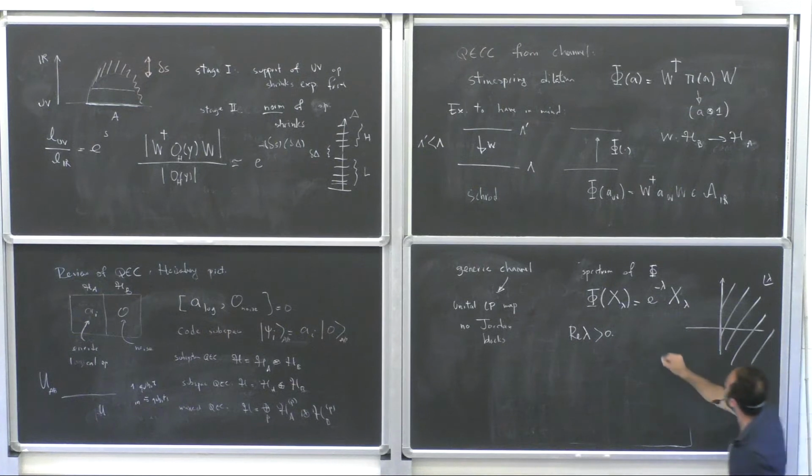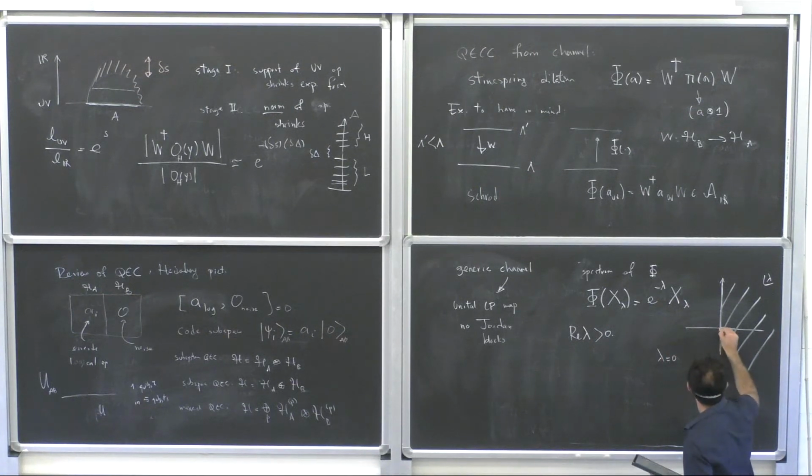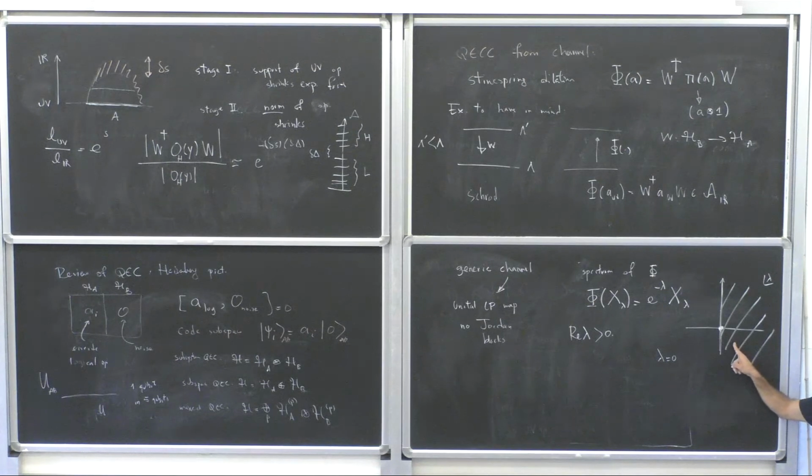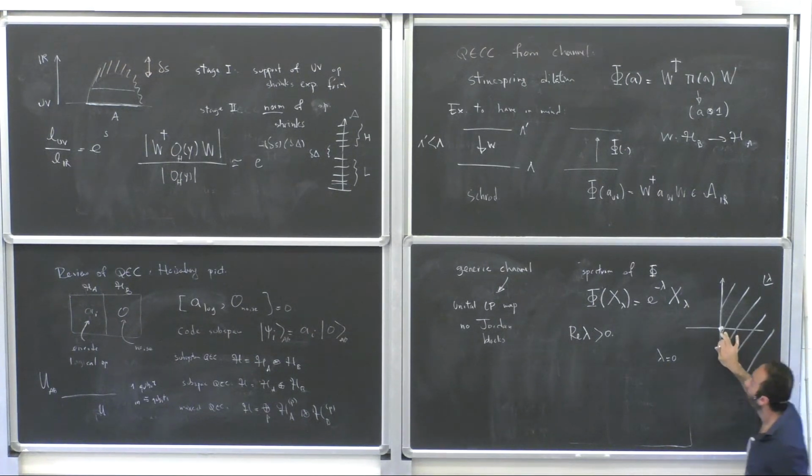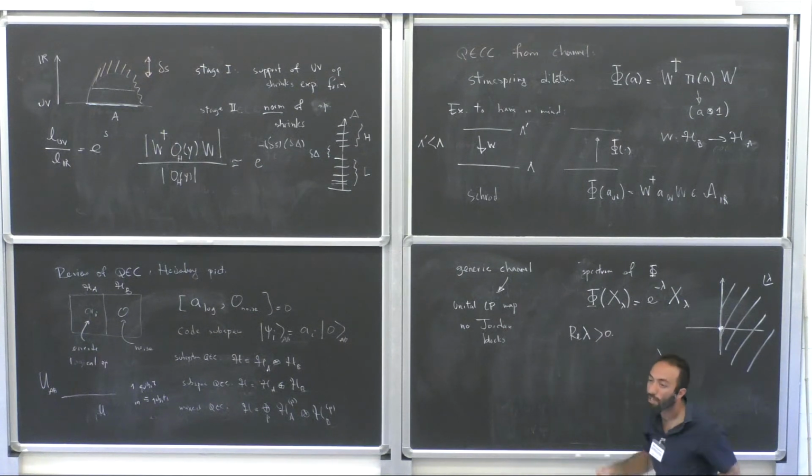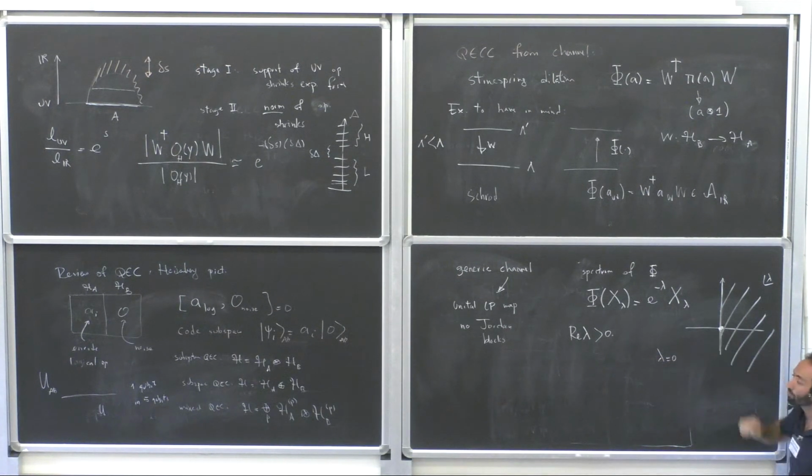Lambda equals 0 corresponds to a set of invariant operators of the channel. They form a subalgebra. And voila, if you give me a quantum channel, I can project to the invariant subalgebra and I get an exact quantum error correction code, right?